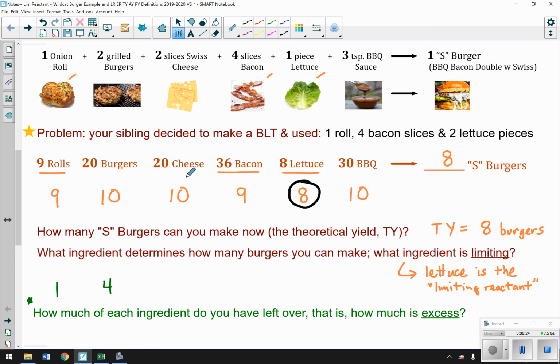You have 20. So 20 minus 16, you're going to have 4 slices of cheese left over. How about bacon? 8 burgers, 4 slices per. You're going to use 32 slices of bacon to make your 8 S burgers. And so again, you'll have 4 slices of bacon left over.